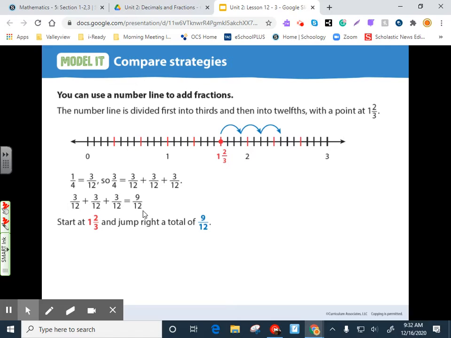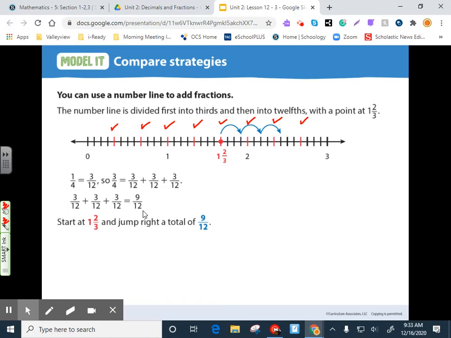You can also do the number line, and this number line is divided into thirds and then twelfths. These are the thirds with the red lines here. So everything that has a black tick hash mark, that is the twelfths.